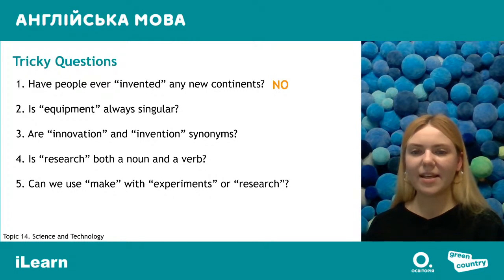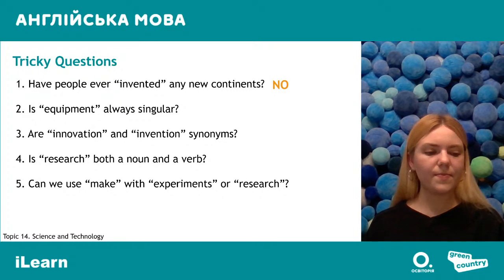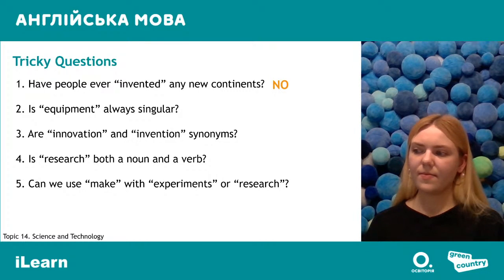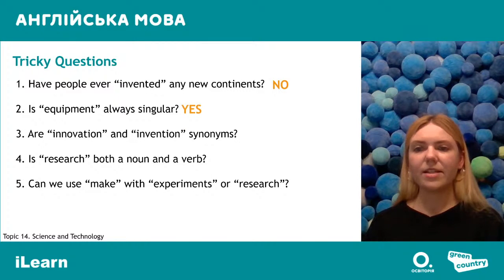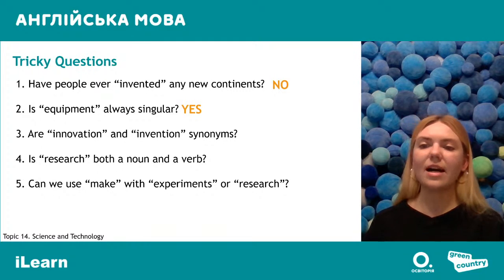Then number 2, is equipment always singular? Or maybe we can use equipment in plural. And that is yes. So that is always singular. It is uncountable, but we can say a piece or an item of equipment.